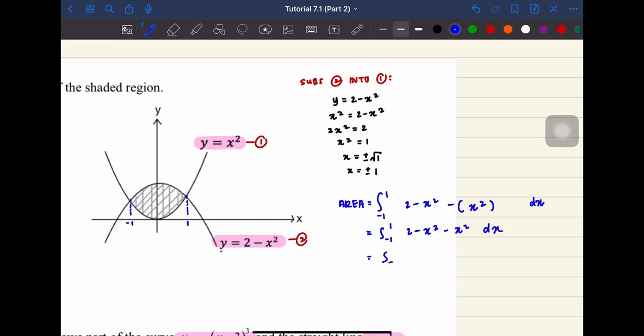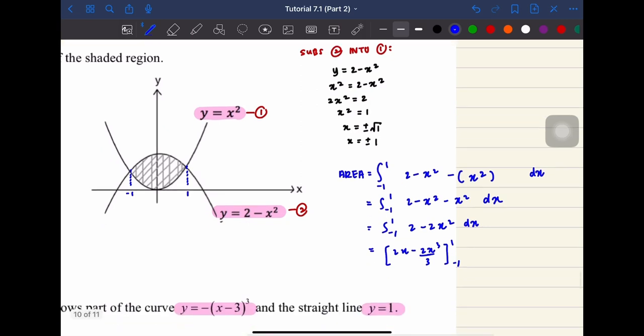Okay, so boleh combinekan negatif 1 tolak negatif 1, negatif 2. Negatif 2 apa? Negatif 2 x square. Okay. So boleh integrate dah. So jadi 2x tolak 2x kuasa 3 over 3. From negative 1 until 1. Okay, so you substitute 1 minus you substitute negative 1. You're going to get the final answer 8 over 3 unit square. Okay, that is for question 13.